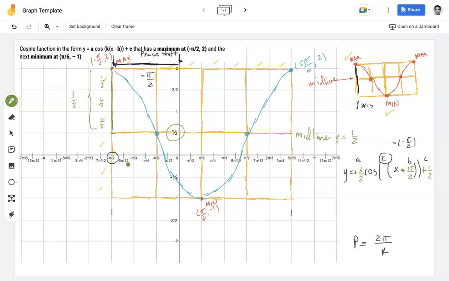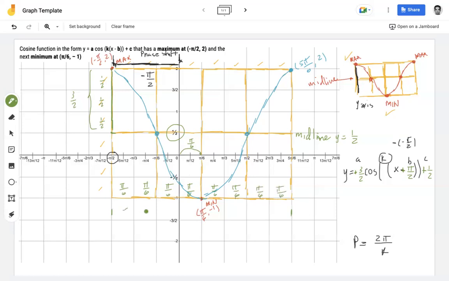We have to see what's happening each square. From here to here, it is a pi/6. So each square represents a pi/6. To get the absolute distance, we can consider a pi/6 on all of them. That's one way of approaching this.